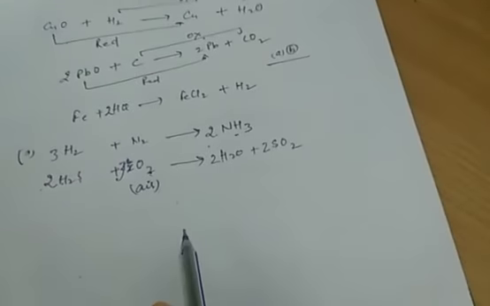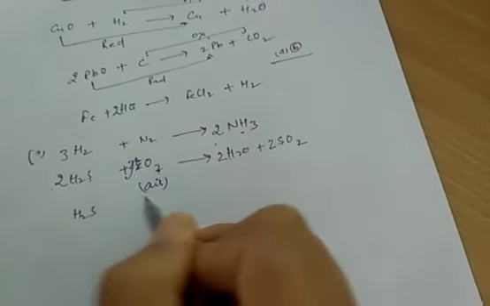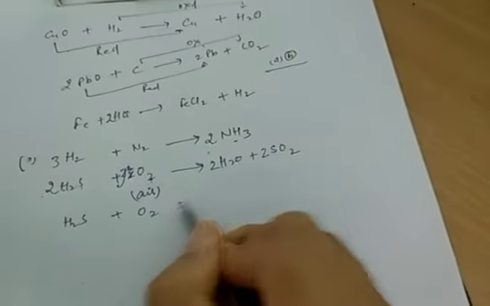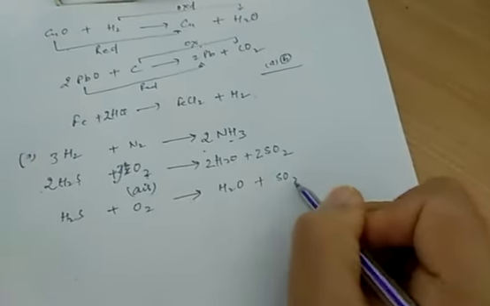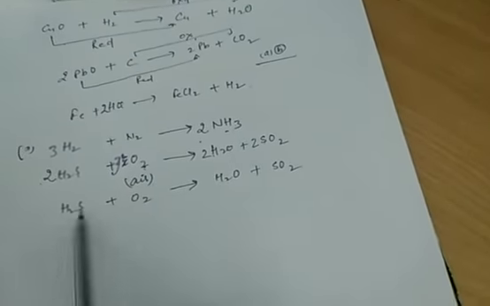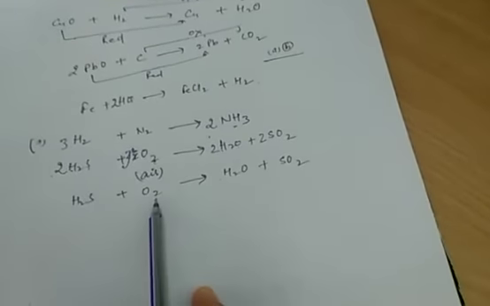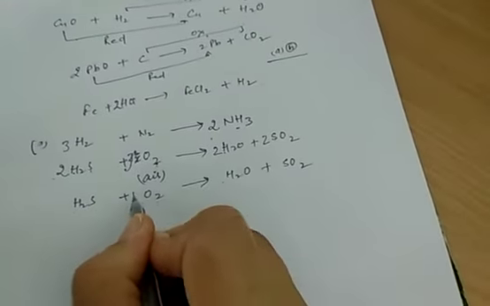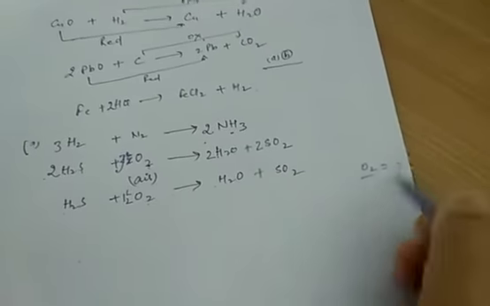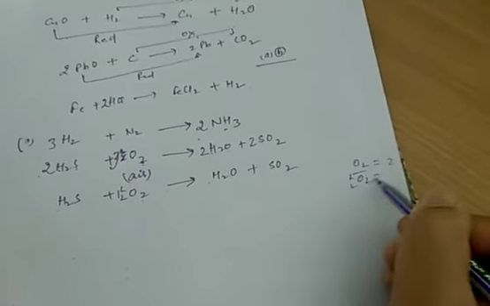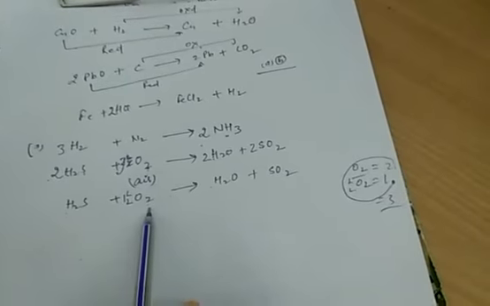right? This reaction is slightly difficult, so please focus again. This is your skeletal equation as given in the question, H2S plus O2 gives H2O plus SO2, right? Count hydrogen same, sulfur same, oxygen 2 plus 1 3, but you have 2 only, so you want 1.5 molecule. 1.5, 2 ऑक्सीजन आपको यहाँ मिलेंगी और आधा O2 का मतलब है 1 यहाँ मिलेगी, राइट? सो इट्स बिकम 3, so 1.5 ऑक्सीजन, right?